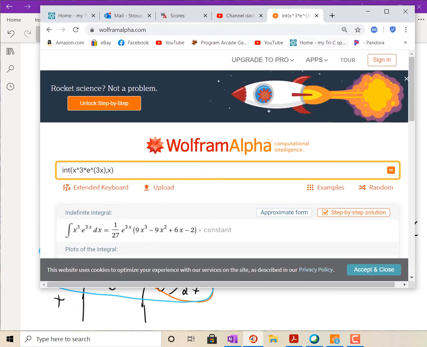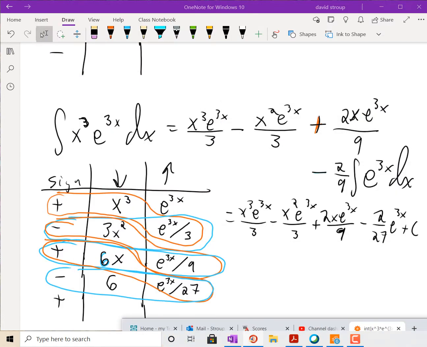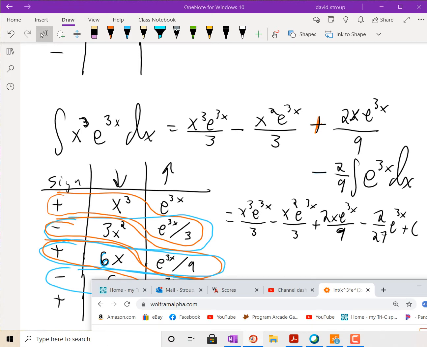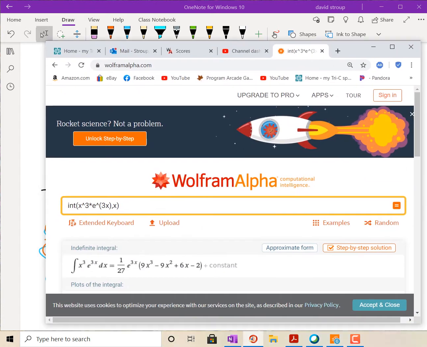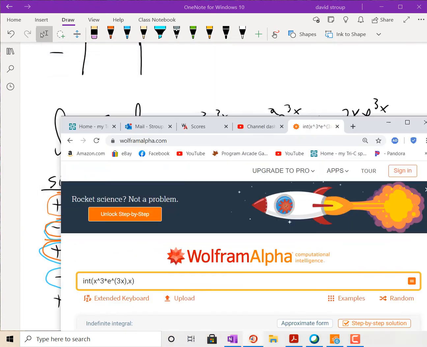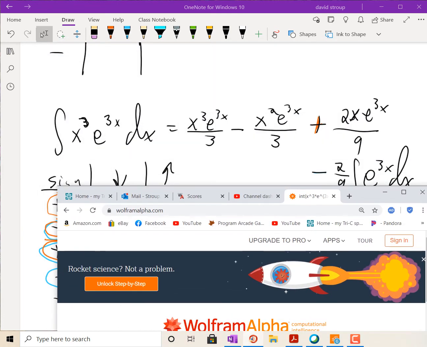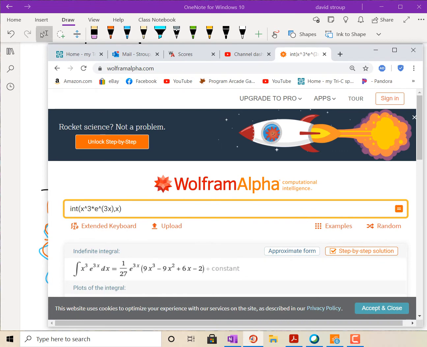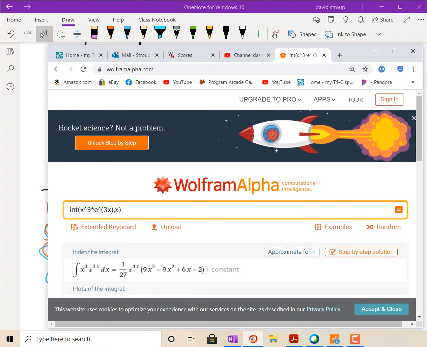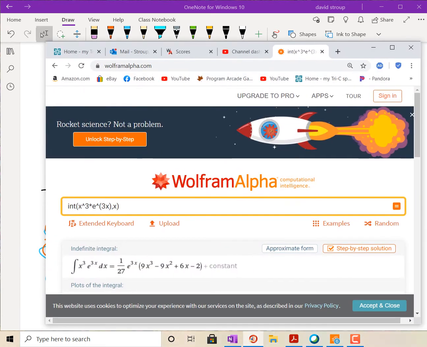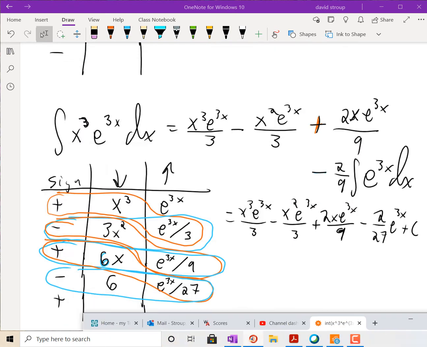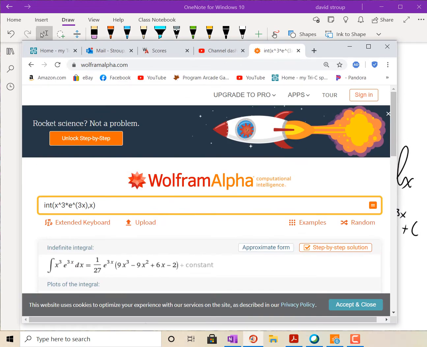So it goes x cubed, then minus, positive, minus, positive. 9 over 27 is 1/3, and then we get the x cubed. 6 over 27 is 2/9 with an x there, and then negative 2 over 27. Yeah, so you see, you got it.